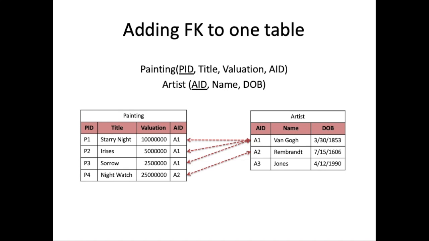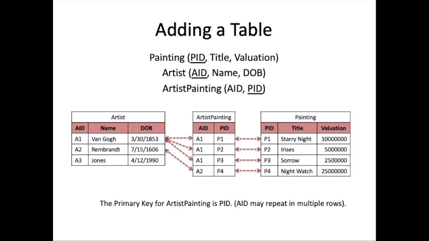Okay, so that works. And alternatively, we can add a table. If we take the approach of adding an extra table, then that table, here I've just called it artist painting, maybe we could think of a better name, is going to tell us which artist painted which paintings.